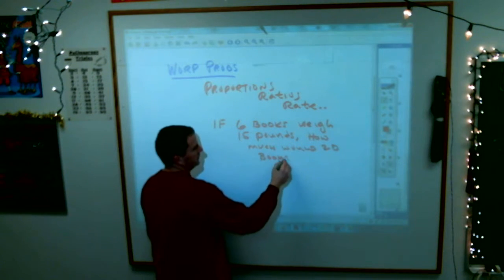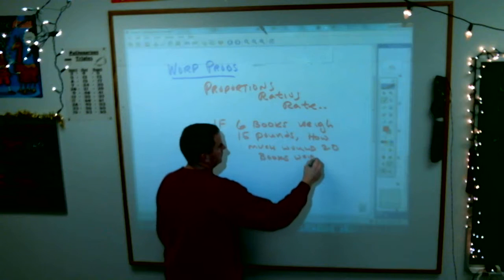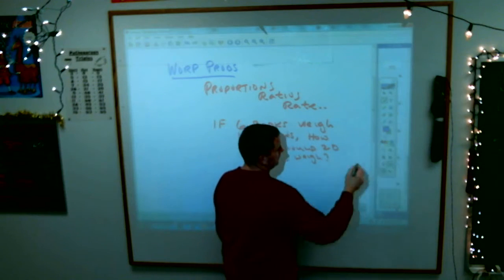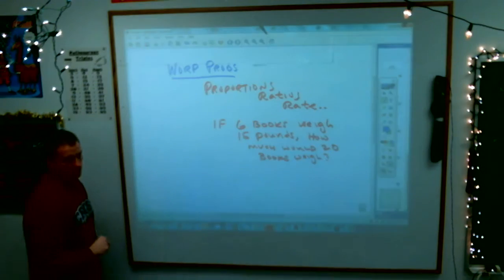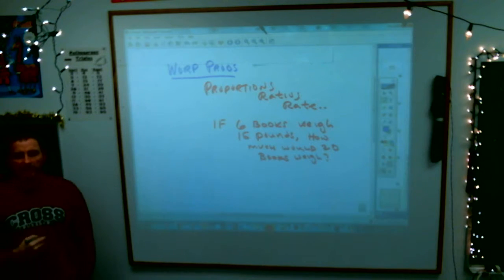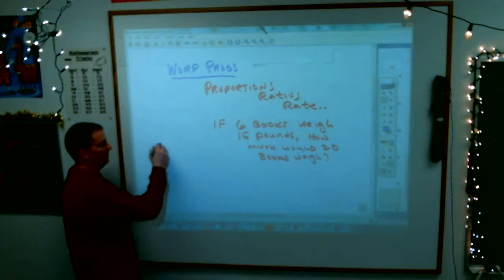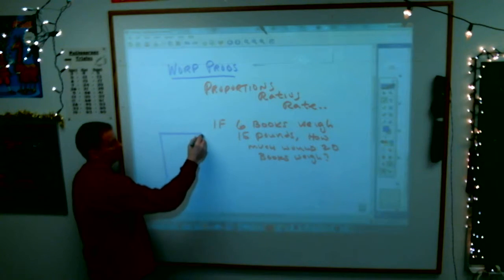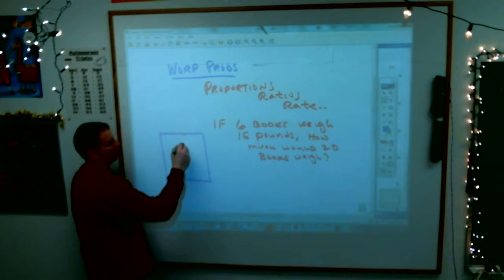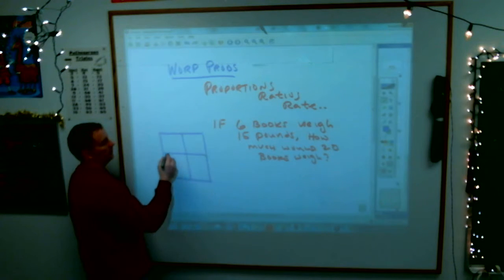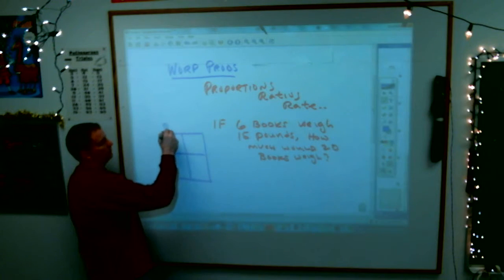Guess what I'm going to tell you you need to do. Not even necessarily draw a picture, but a ratio box, a proportion box, a percentage box. It's all the same in math. Anytime you're comparing these things, that's a ratio, a proportion. This is your ratio.